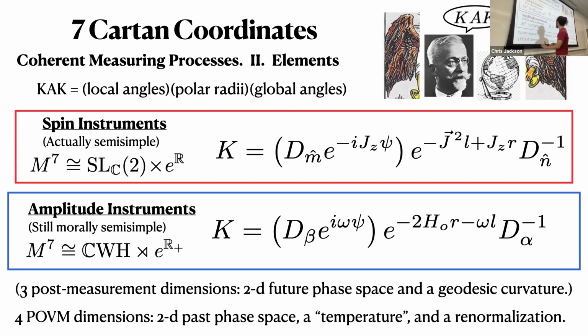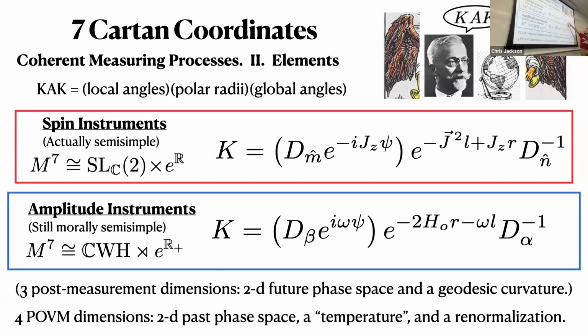So technically calling this amplitude analog a Cartan decomposition, there are authorities who would probably bite my head off if they heard me say it. But I'm calling it Cartan. Maybe I should call it Cartan-like. So here I have in parentheses, still morally semi-simple. There's all kinds of topological details that you could hit me in the face with, but all of this stuff is right.